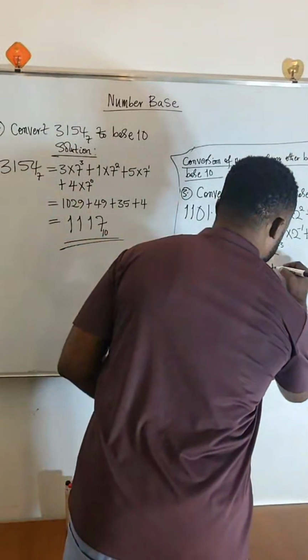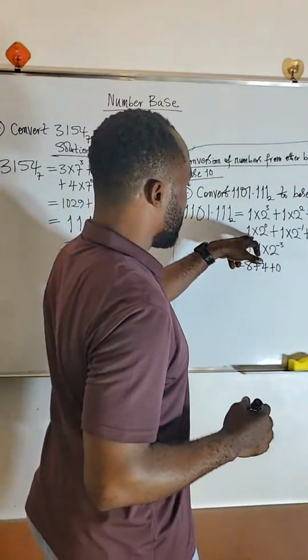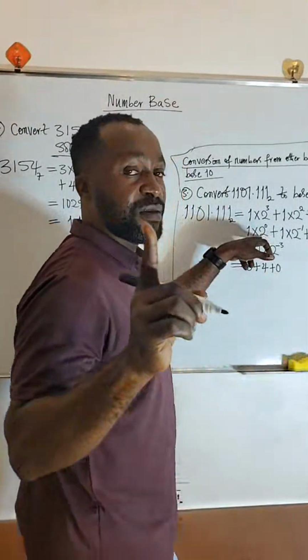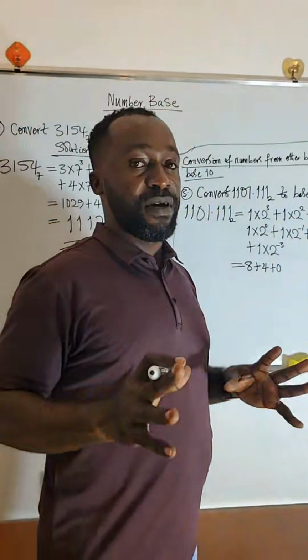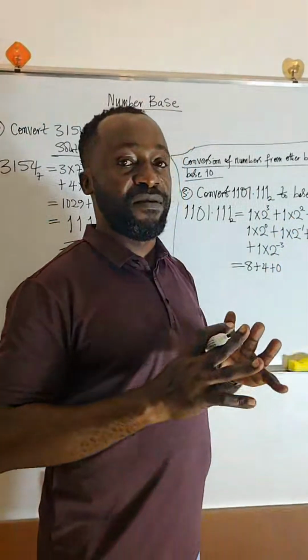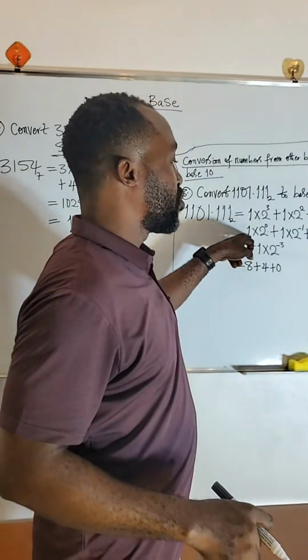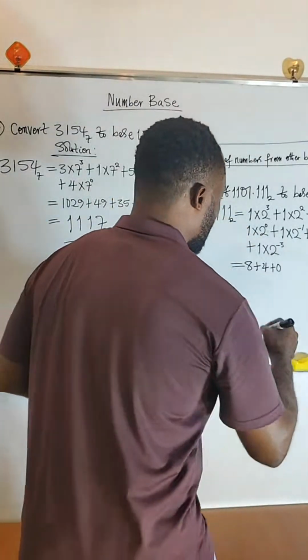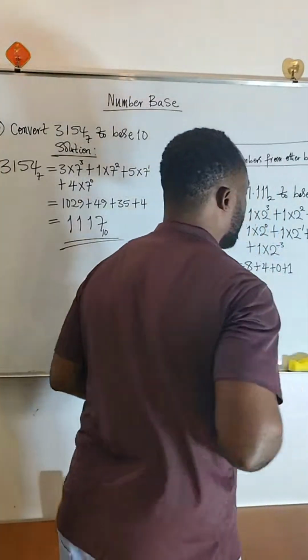We can still put plus 0. Then plus 1 times 2 raised to the power of 0 is 1. Any integer raised to the power of 0 is 1. And so here becomes 1 times 1, which is 1.